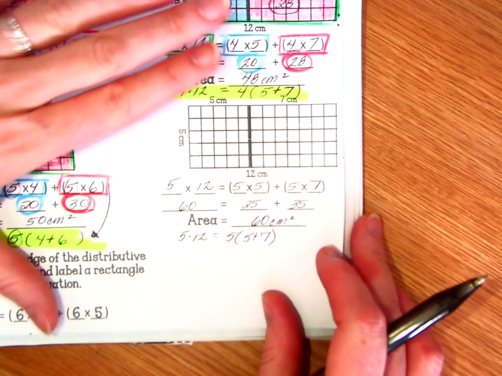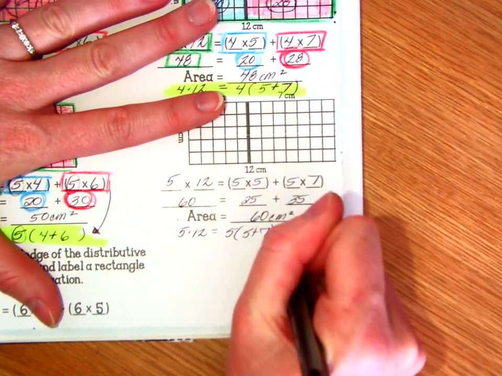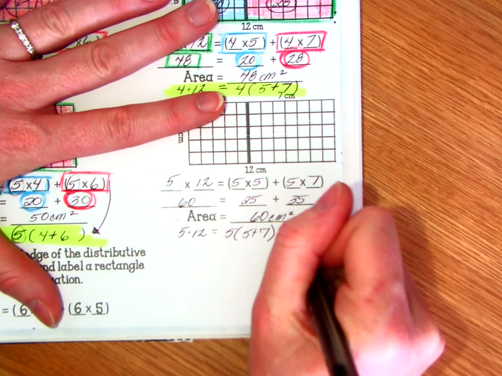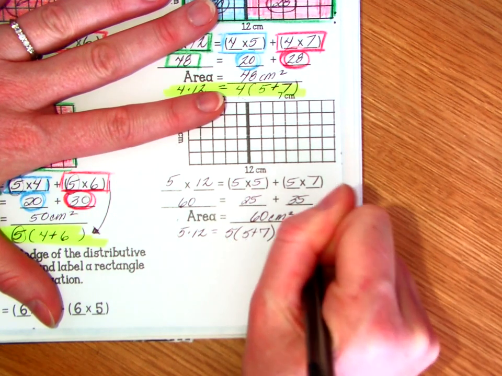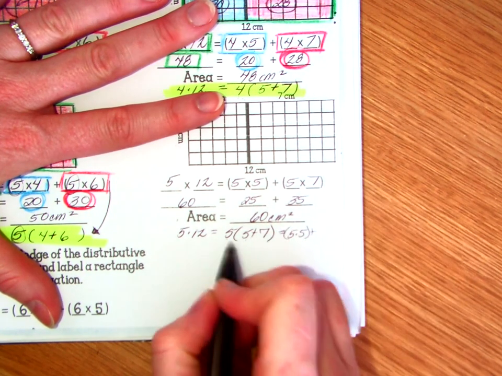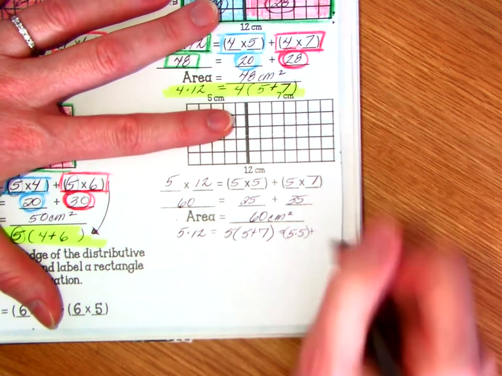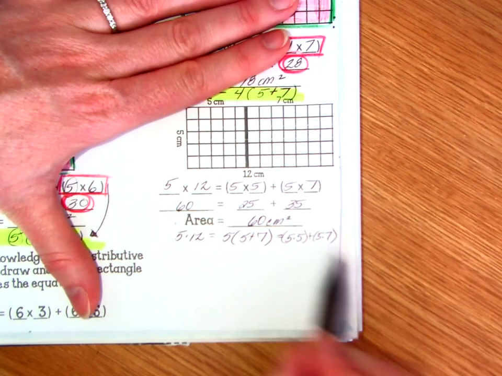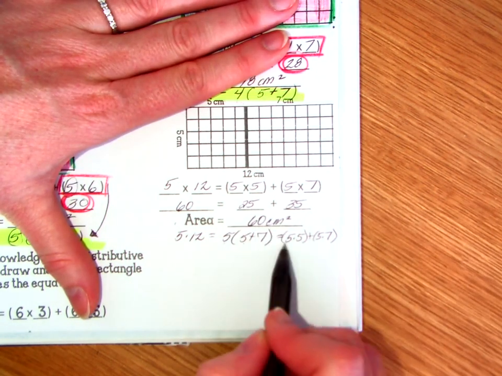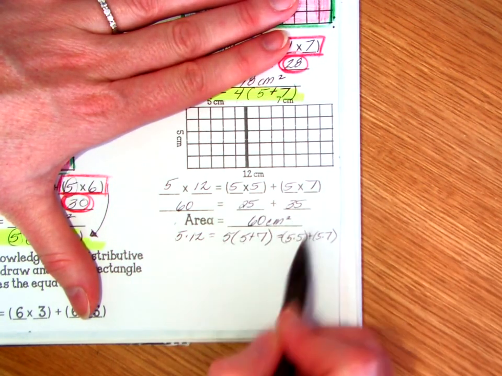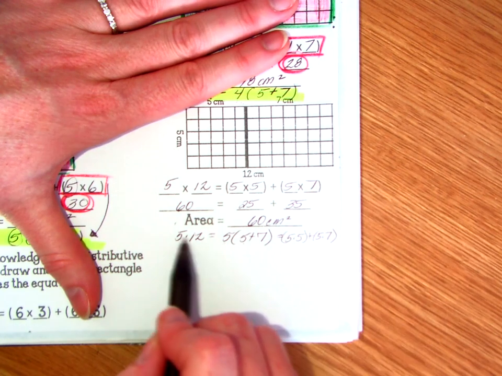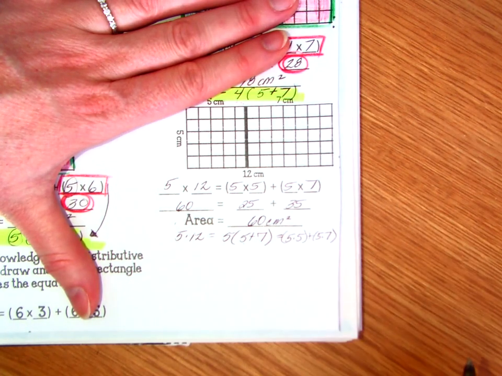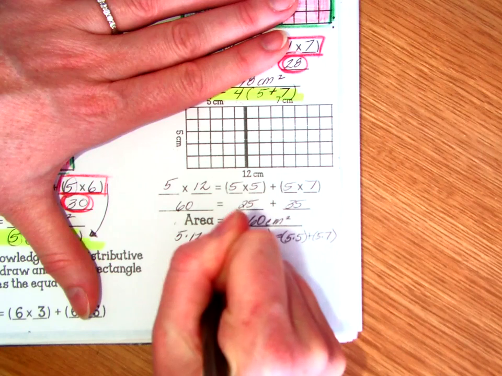I can even take it one more step to show you that this 5 is going to multiply by this 5. And this 5 is going to again multiply by this 7. Now you can see that is that. This is this. All three of these are equivalent expressions.